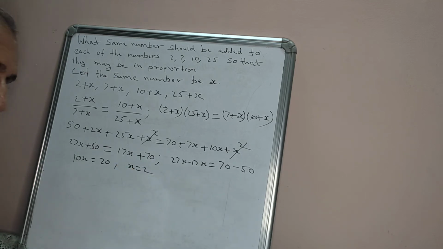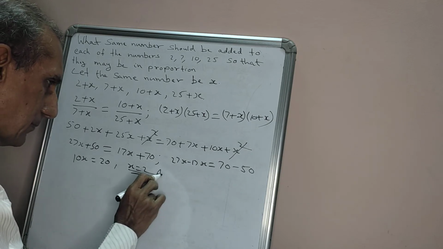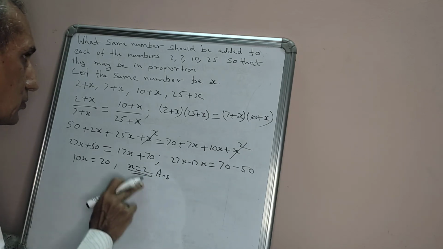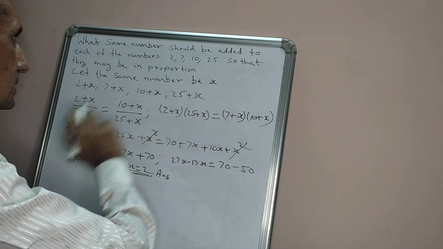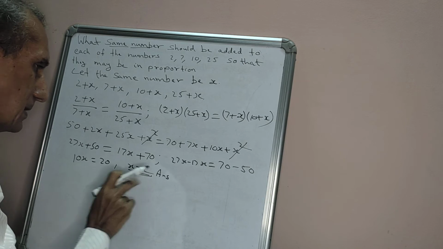So x will be 2. That means what? This is my answer. So I can write 2 should be added to each one of the numbers. He says what same number to be added. 2 is the same number that needs to be added.